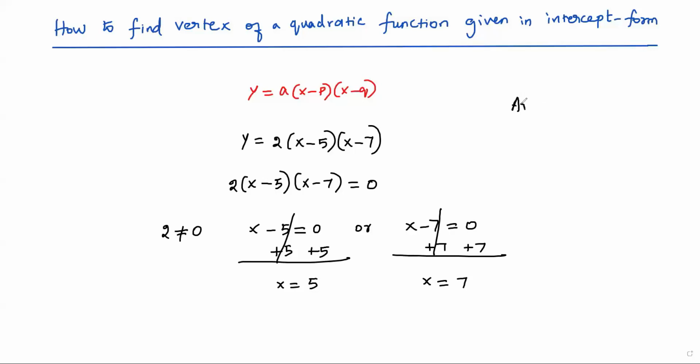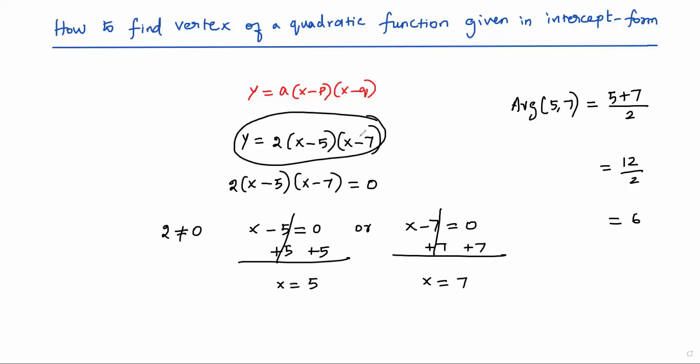The average of 5 and 7 is equal to (5 plus 7) over 2, which is 12 over 2. Finally, I'm getting 6. So the x-coordinate of the vertex is 6. Now to get the y-coordinate of the vertex, I have to plug in x is equal to 6 into the given quadratic function. Let's do this on the next page.